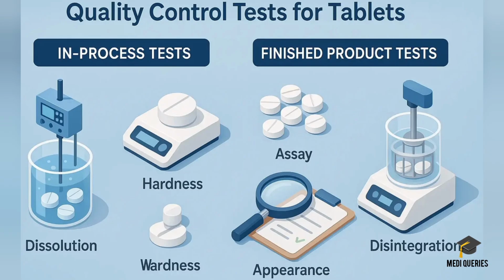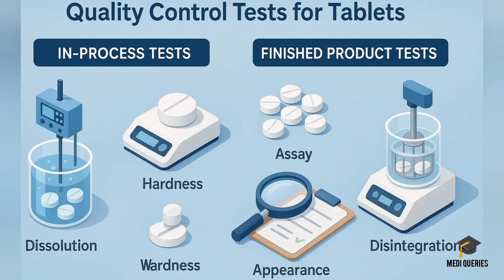So in summary, the evaluation of tablets involves multiple tests that assess both physical and chemical properties, from appearance to disintegration. Every parameter is carefully measured to ensure tablet performance and safety. These tests help identify formulation problems, optimize production, and maintain regulatory compliance.